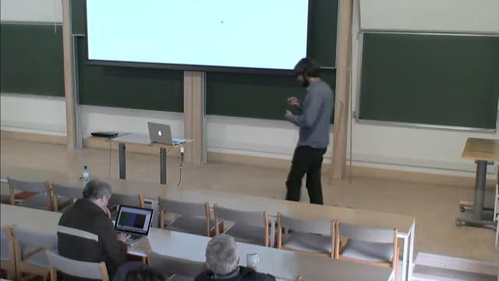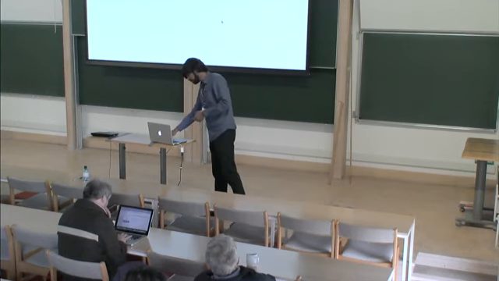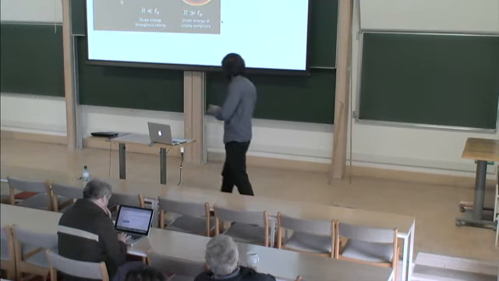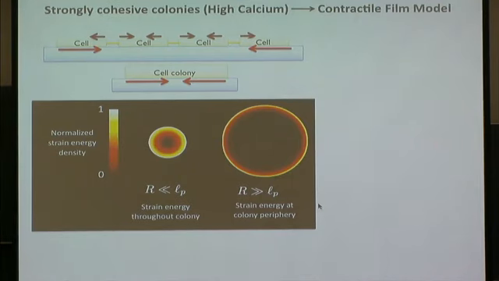As you increase the calcium, you can describe this whole colony using one material model. In the model, for cell colonies of sizes much less than the penetration depth, there will be strain energy throughout the cell colony.